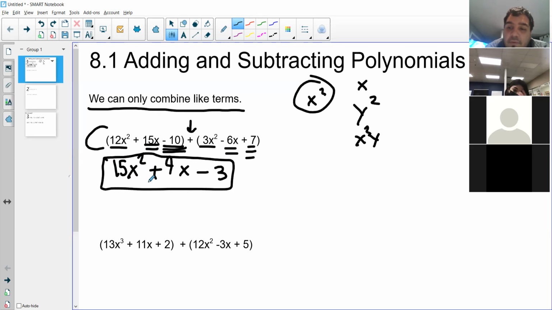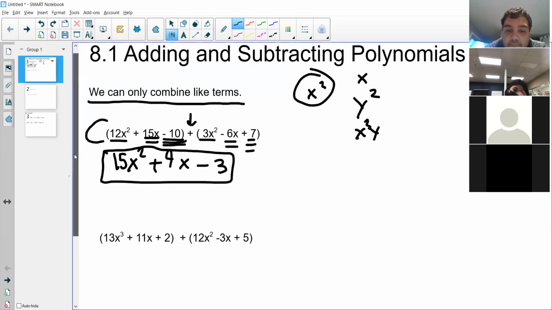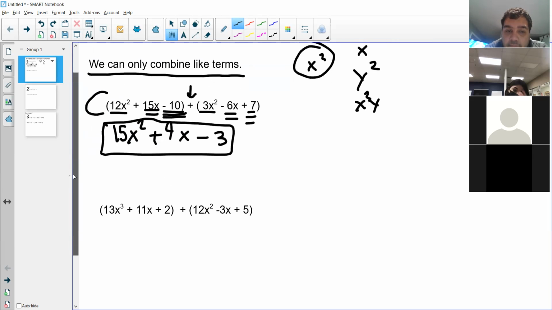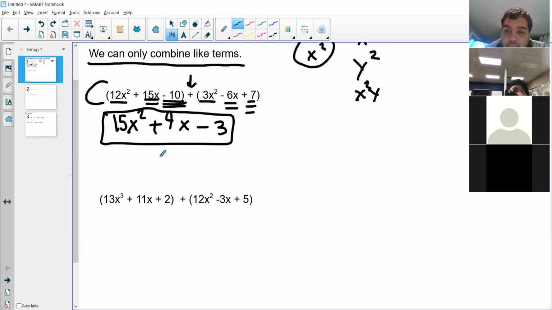Okay. So make sure all the terms are alike. Next one. Plus sign in the middle, so we're adding. I look at the next question. I have 13x to the third.